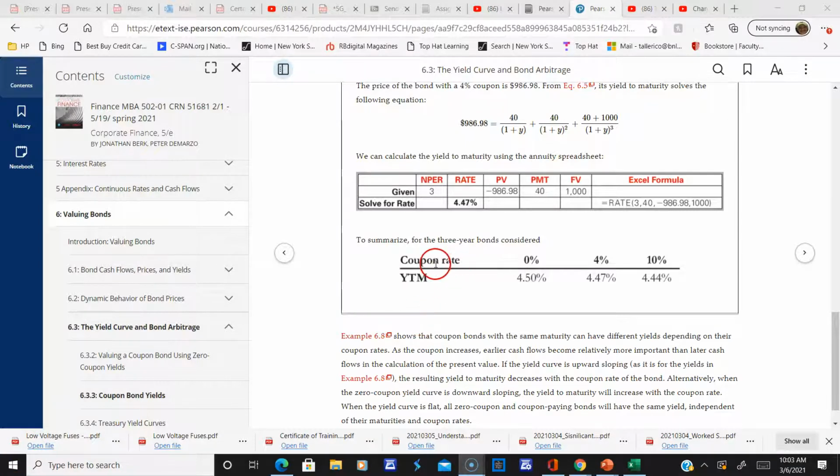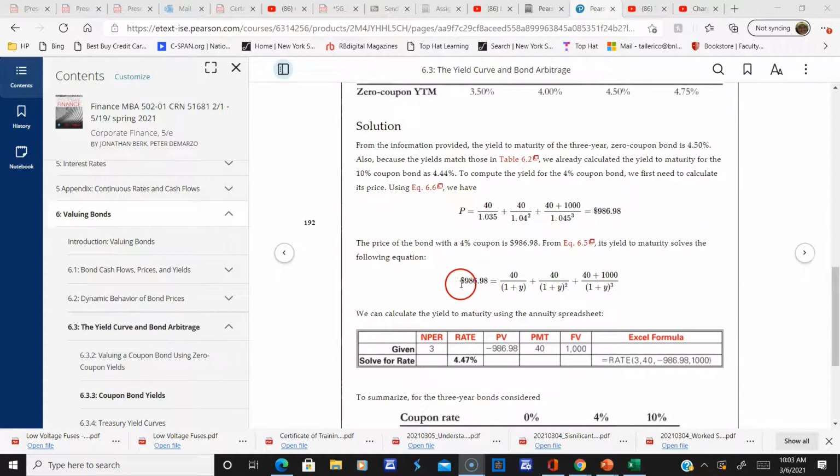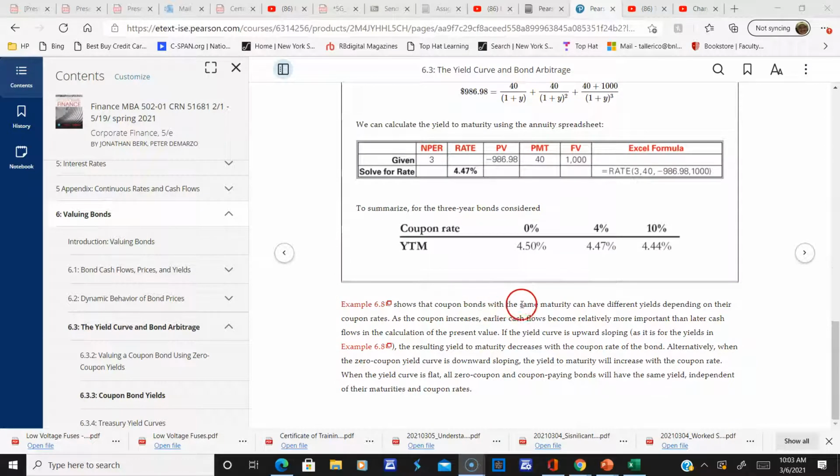So what this example showed, as you can see here, is that coupon bonds with the same maturity can have different yields, depending on their coupon rates. As the coupon increases, earlier cash flows become relatively more important than later cash flows in the calculation of the present value.